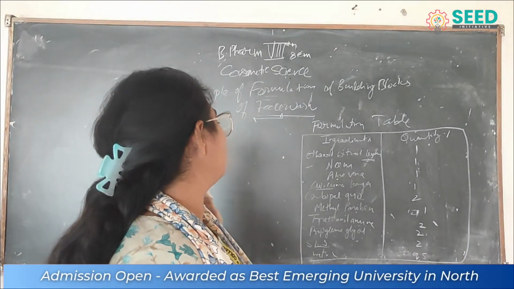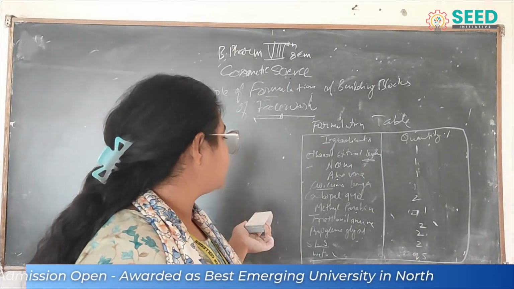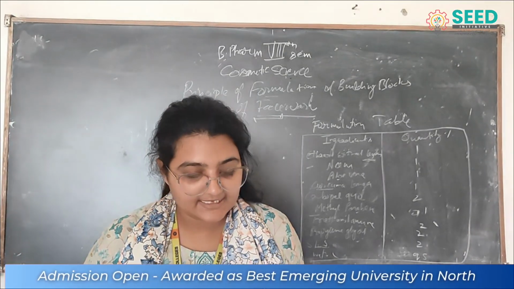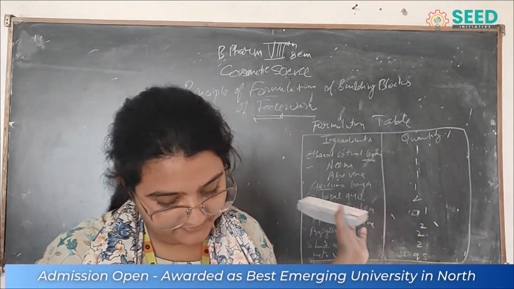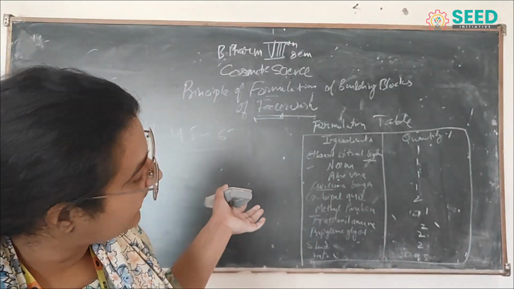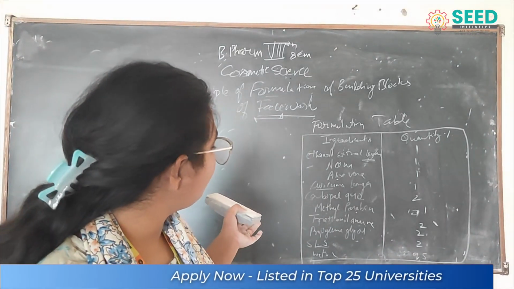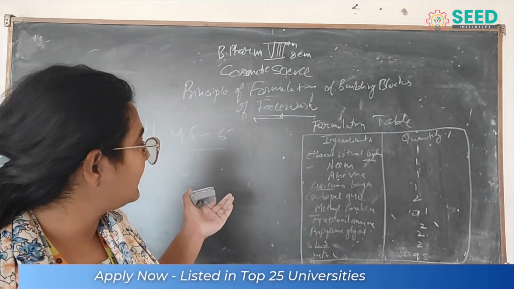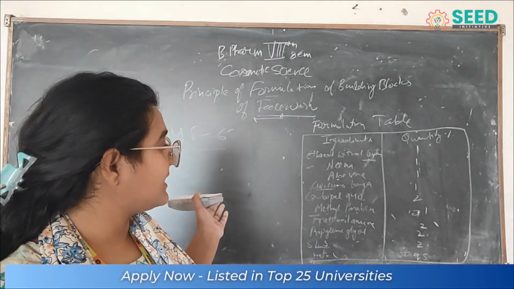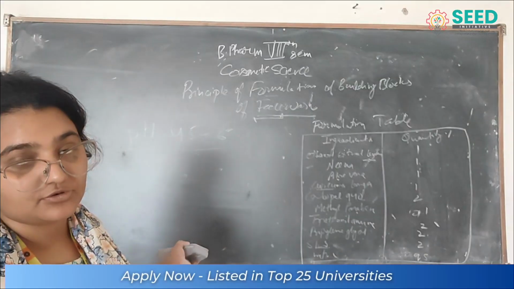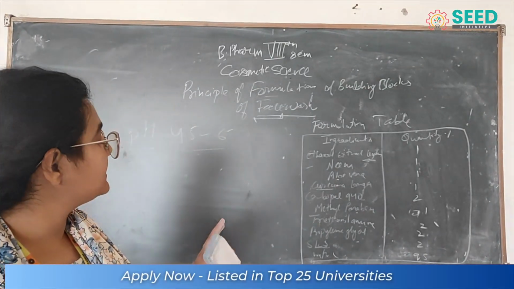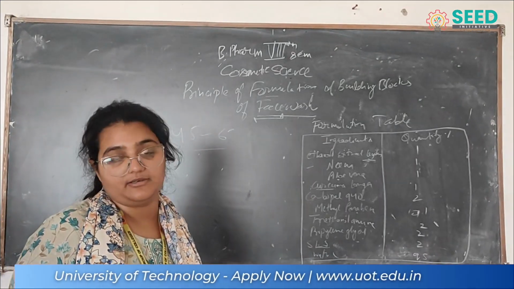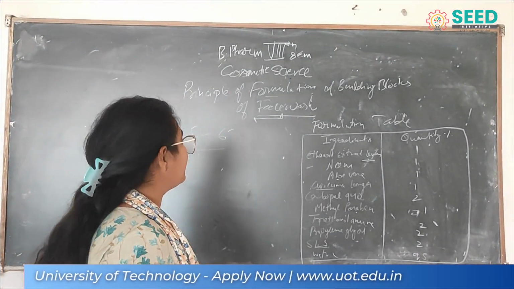Methyl paraben is added as the preservative. Triethanolamine is used as the buffer and propylene glycol is used as the humectant. SLS is used as a foaming agent, then water is used as required. So this is the ingredient list.